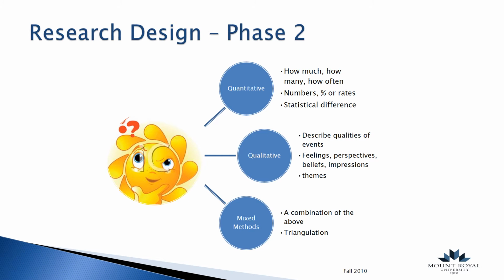Sometimes, though, however, we do combine the two paradigms and the two approaches, and I had talked a little bit about that last week. And so when we combine methods, we often call this triangulation, and we'll look at that a little bit further in the course.